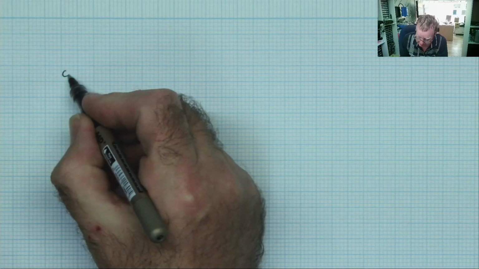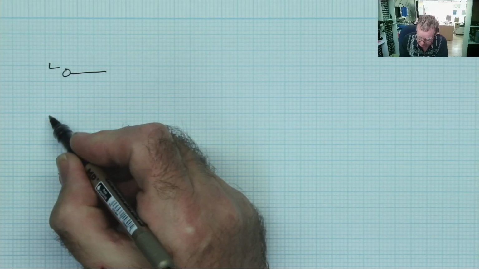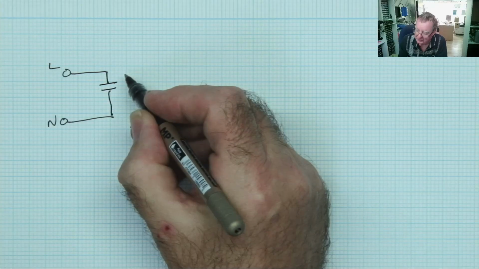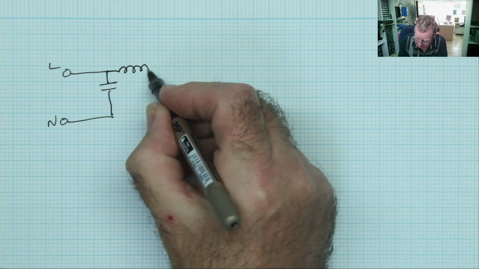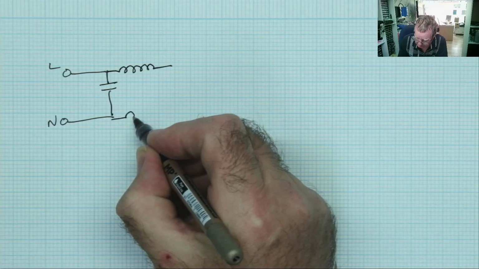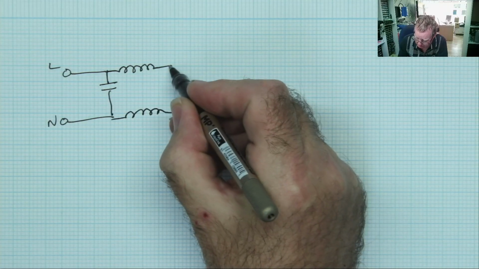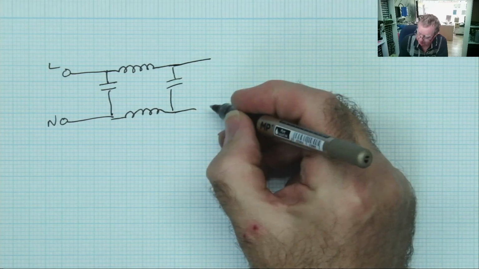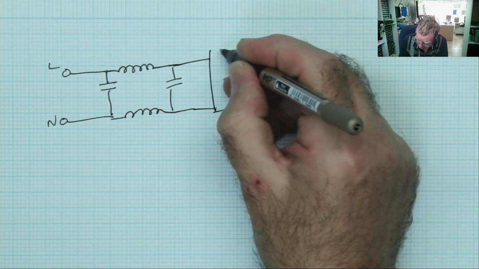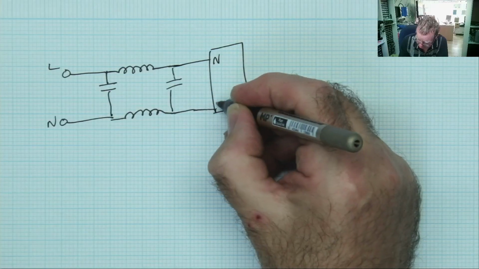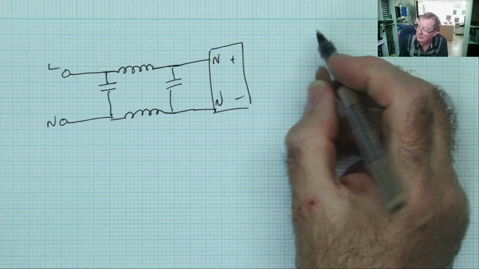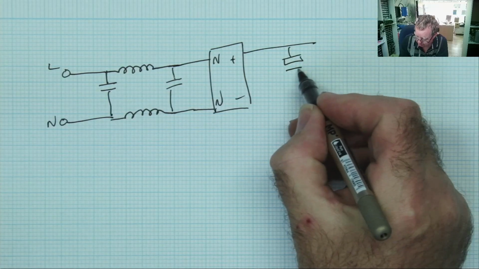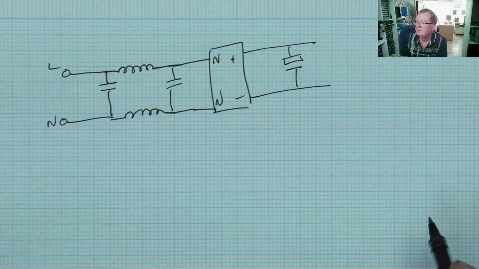But generally speaking, you'll have your AC coming in, live neutral, often with filter capacitor, maybe filter inductors as well, maybe something like another filter capacitor, and then the bridge rectifier, AC, plus minus, and then we have our large smoothing capacitor or capacitors, something like that.